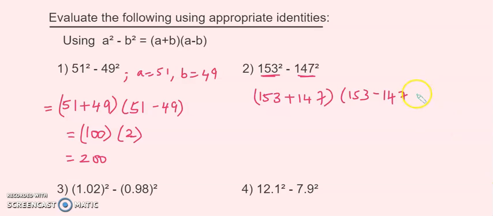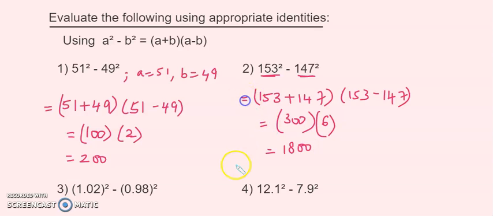No, 300. Okay, so it's 300 multiplied by 153 take away 147, or subtraction of 53 by 47, it will give me a 6, right? Okay, so 3 times 6 is 1800, right?